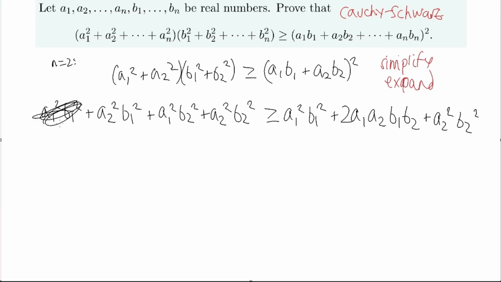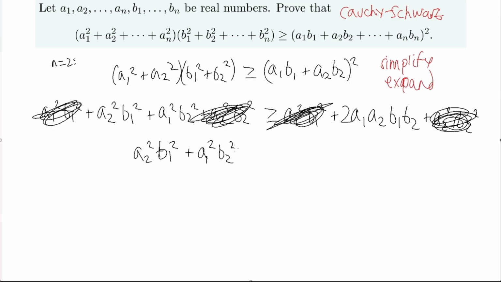And these guys cancel out, luckily enough. And so what we end up with is a2 squared b1 squared plus a1 squared b2 squared is greater than or equal to 2a1 a2 b1 b2.